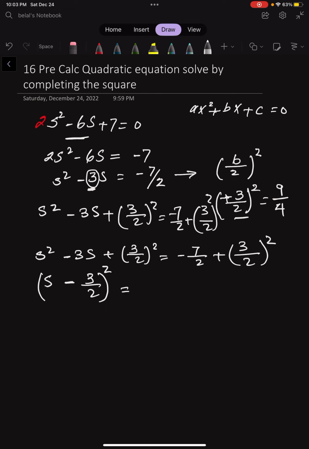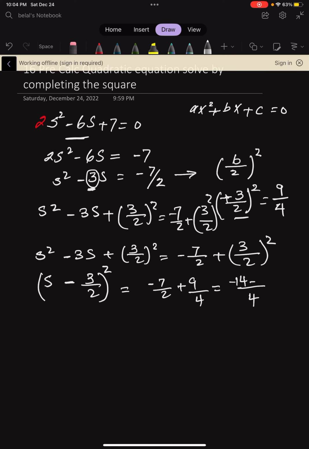So this will be equal to, if we simplify the right side, this is 9 over 4, so minus 7 over 2 plus 9 over 4. We take the common denominator 4: minus 14 plus 9 over 4. So it will be equal to minus 5 over 4. So that's going to be the right side.